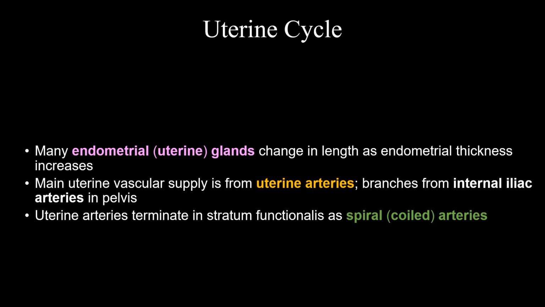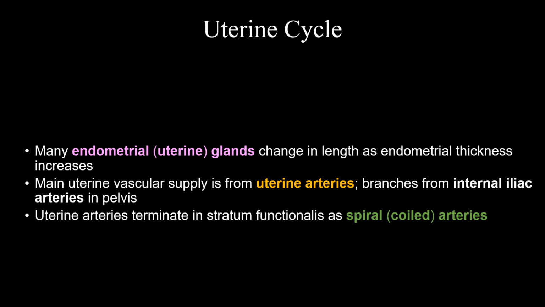The main vascular supply of the uterus tends to come from uterine arteries that arise from the internal iliac arteries in the pelvis. They branch several times and eventually form what are called the spiral arteries of the stratum functionalis.